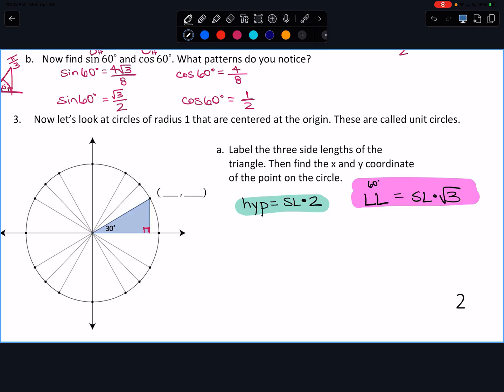All right, so we remember 30 degrees, the radius is 1, right? And we go over how much versus up how much? It's literally right on the paper beside you.